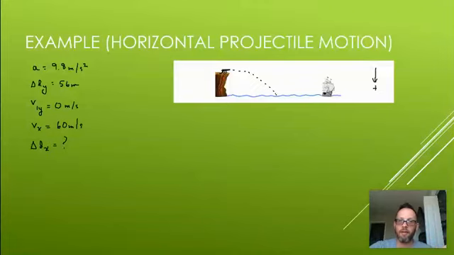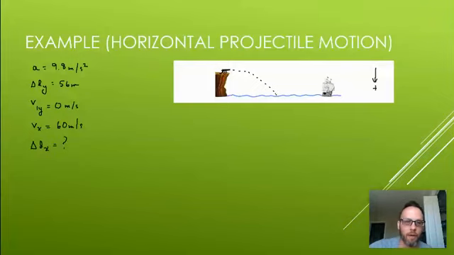The time it takes the cannonball launched horizontally to hit the water is the same as if we had just dropped it. So we're going to find the time it takes the cannonball to drop and hit the water. And then we're going to find how far horizontally that cannonball travels in that same amount of time, traveling at a constant speed of 60 meters per second. That outlines our strategy.